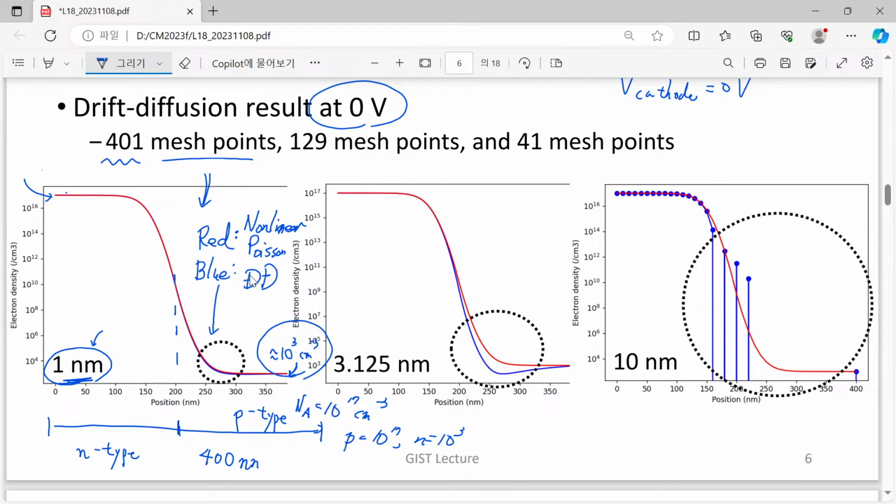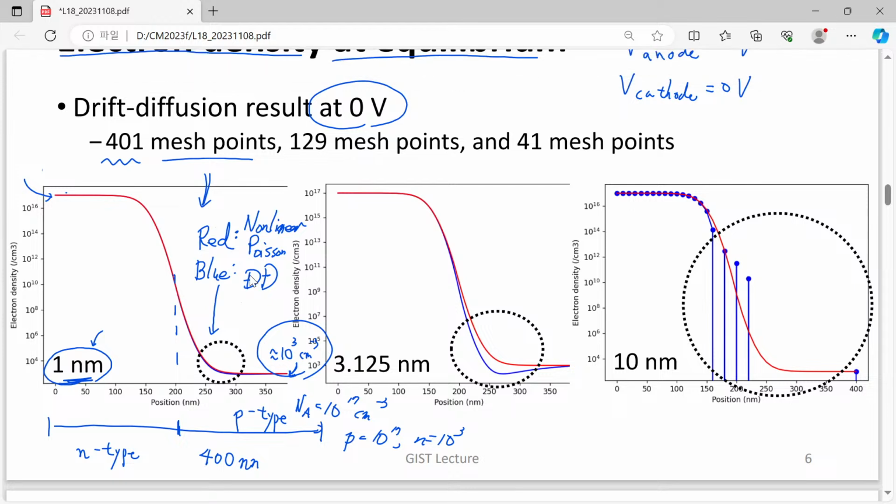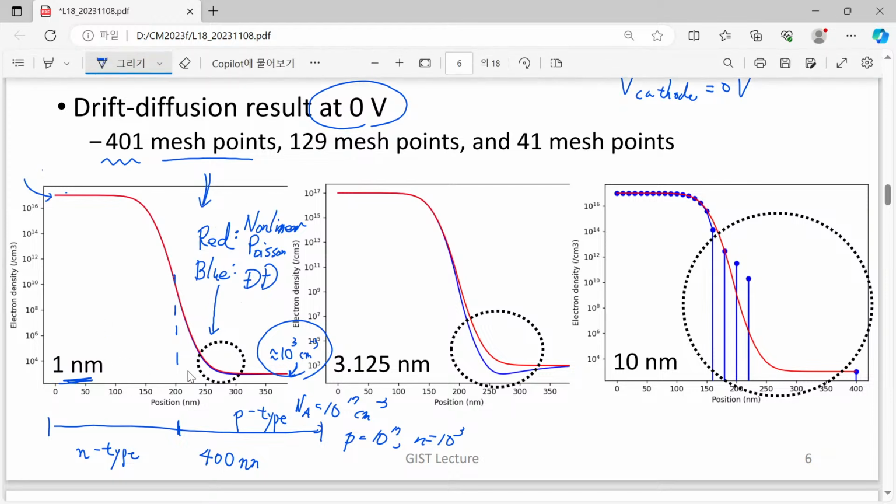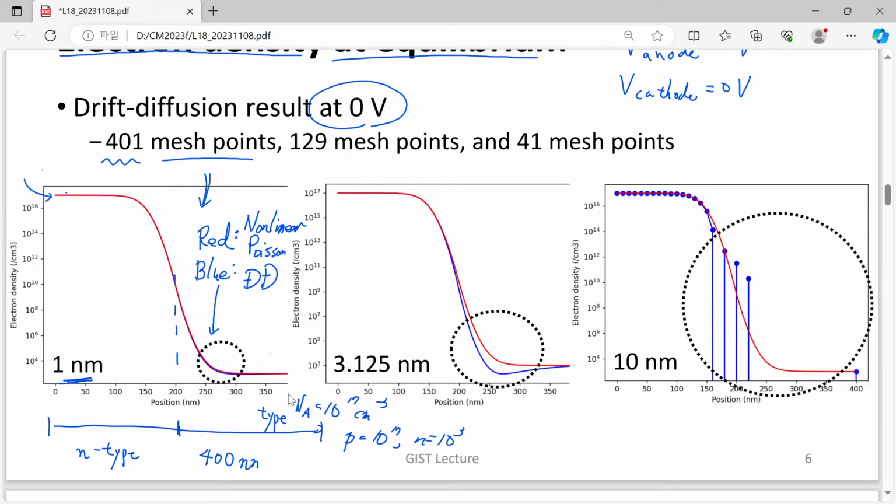So if everything is perfect, then what we expect is that the red curve and the blue curve agree perfectly. And what is your opinion? Can you recognize any difference between this blue curve and red curve? The answer is okay. In general it looks okay, but when we have a look at this point, although quite small, we can find a little difference between the blue curve and red curve.